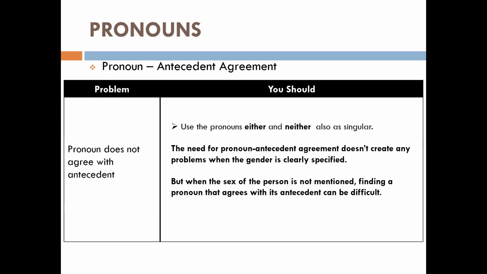So we cannot assume what their genders are, but we can make the structure of our sentence proper para ma-avoid natin yung gender confusion. So ang ating solution is to make your subject plural para hindi na tayo mamili pa sa singular gender pronoun. So pluralize your subjects. That is our tip.